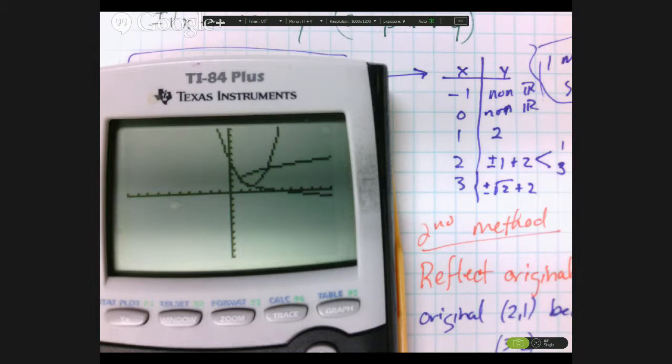Other issues? Oh, you have arrow over. Any other questions or issues? All right, Zoom.